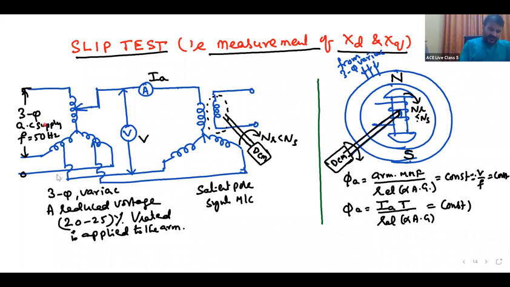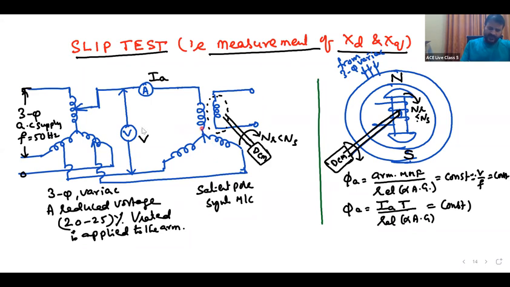From this auto transformer, a reduced voltage is applied to the alternator. This is the armature winding, shown with star connection. This is the field winding, of course open circuited.